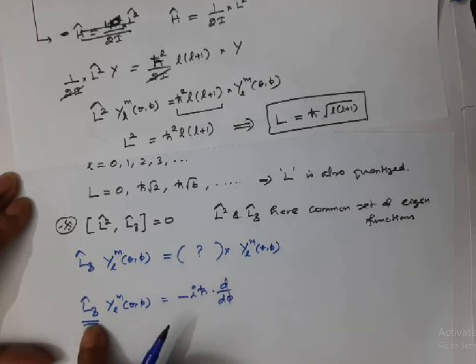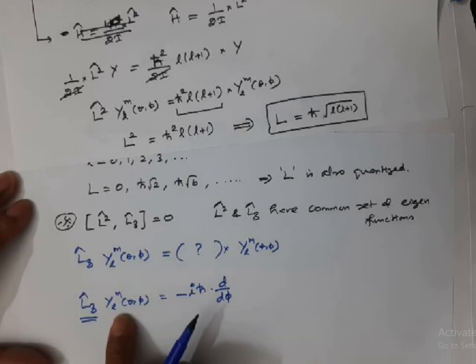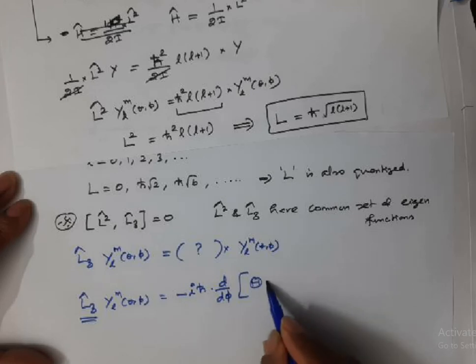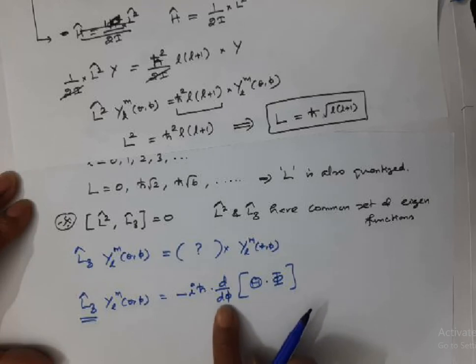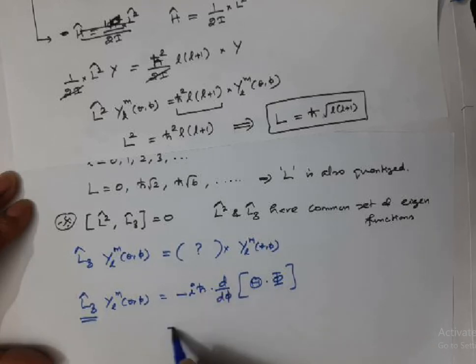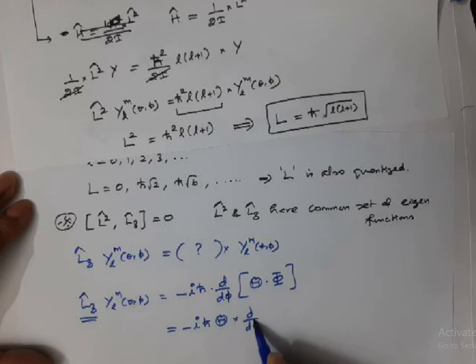The spherical harmonic function can be separated into a theta function and a phi function, and this operator operates only on phi. Therefore, you can take theta out. So minus i h bar, keep big theta as such, and d by d phi acts on the function big phi.